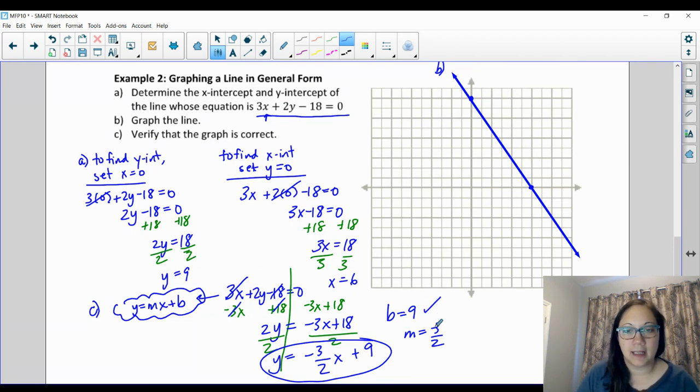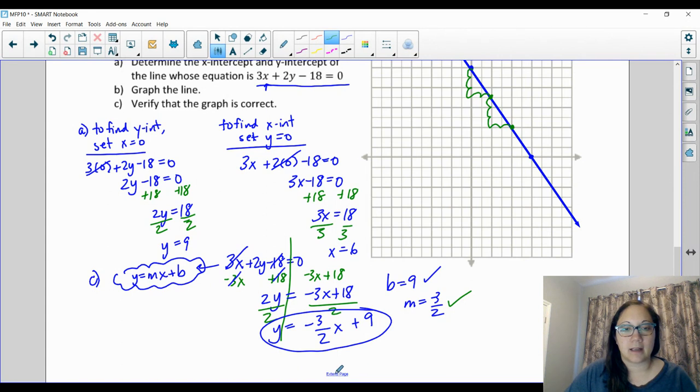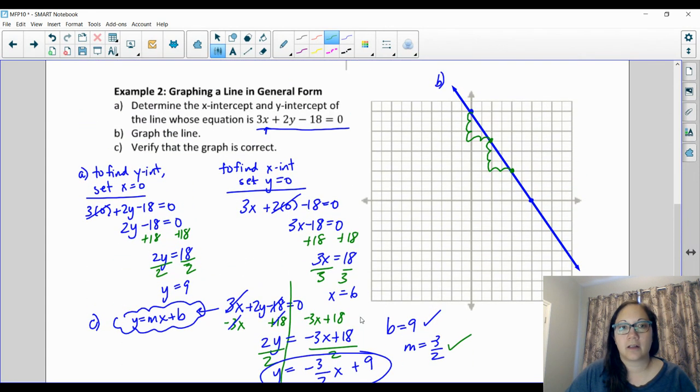Yes, it is. And is my slope negative 3 over 2? Well, if I start at this point and go down 3 and over 2, am I still on my line? Yeah, I'm still on my line. So it is, in fact, the correct slope and the correct intercept. All right, so that is one way that we can verify that our graph is correct.